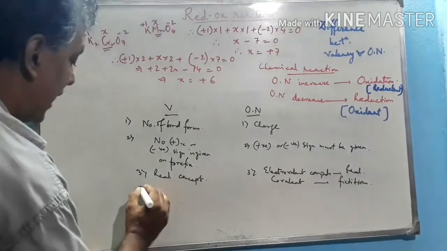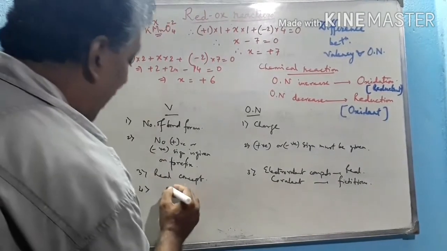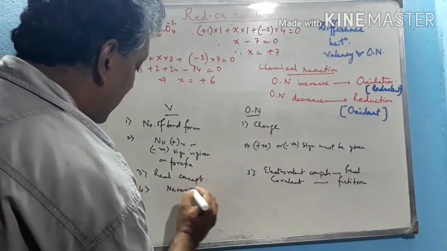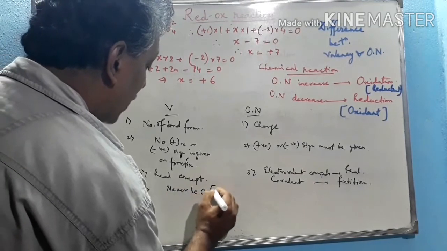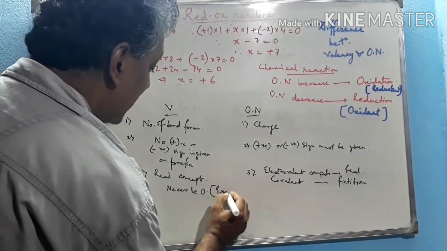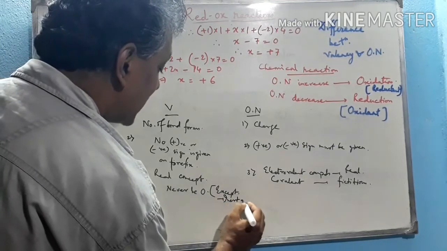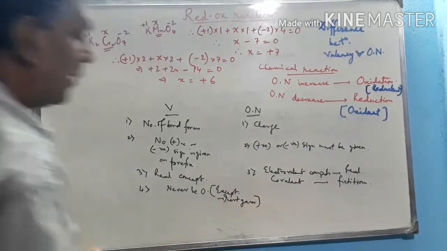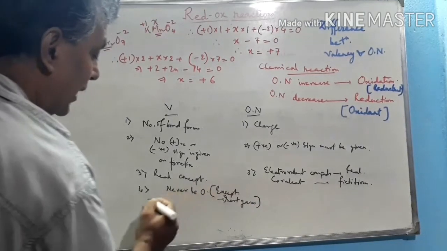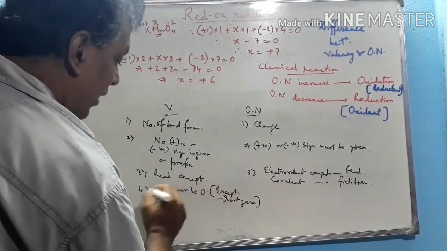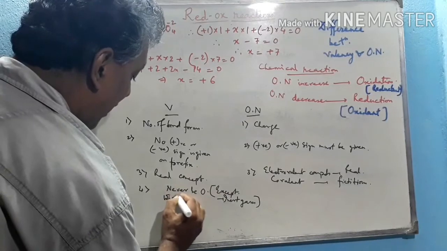And the fourth point is that valency is never zero, except only in case of inert gases, which do not react with any other element. Only in case of inert gases does this become zero. Otherwise it is a pure whole number.